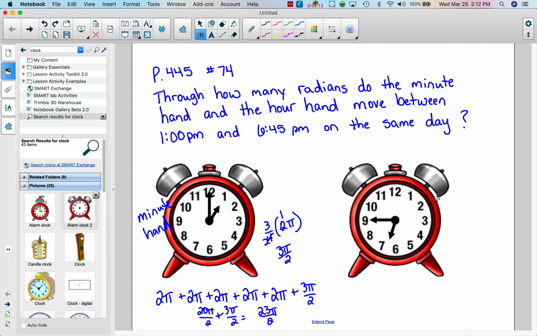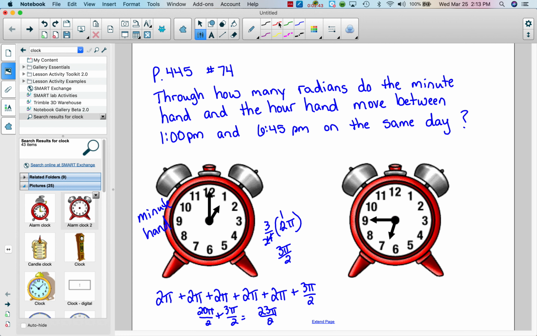Okay, so now the hour hand. Clearly it doesn't even go around a whole time. So if 2 pi is all the way around, what's just this partial way around? Starting at 1 o'clock, let's think about how many radians would be a 5-minute increment. If you see how many 5-minute increments there are all the way around, we have a total of 12 of them.